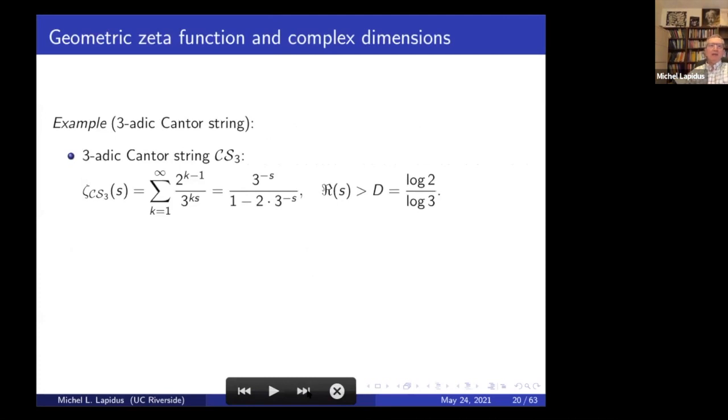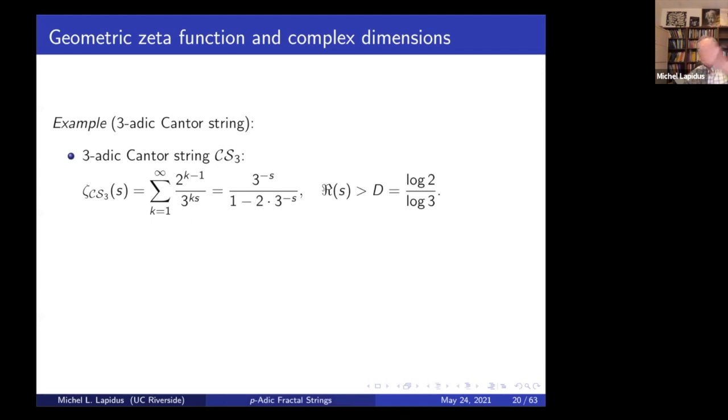Okay, now the Cantor string, the triadic Cantor string, as a p-adic, a triadic fractal string, has a geometric zeta function, and it is given by this. Since at each stage of the construction, we have intervals of multiplicity 2 to the k minus 1.